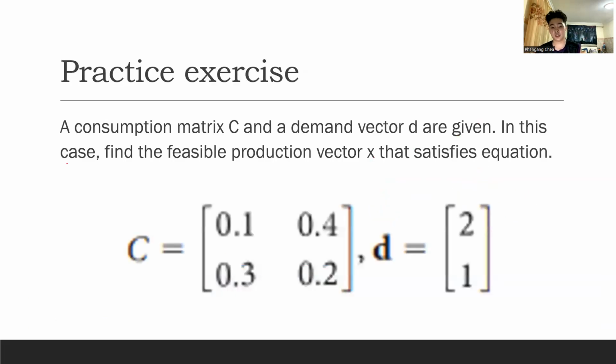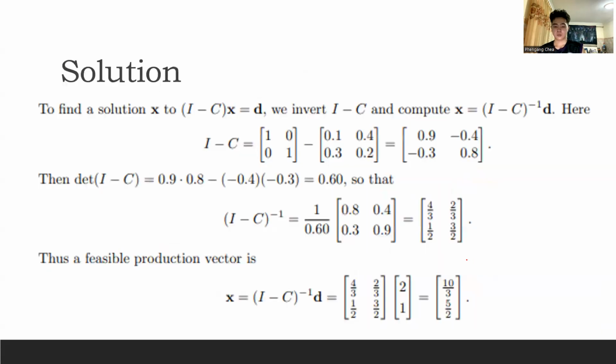Okay, now let's proceed to the exercise. Assume that the matrix C is this and D is the demand vector. First of all, to find the solution, we need to take I minus C. I, like I said before, for 2x2 is something like that. And like I told you, we must know it.